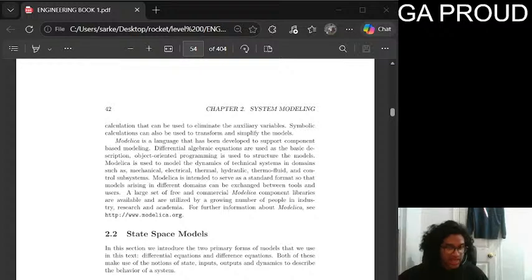So if I have x being h and v, my x dot will be h dot and v dot.